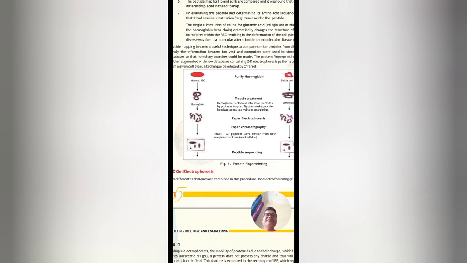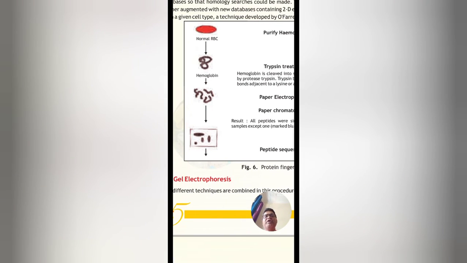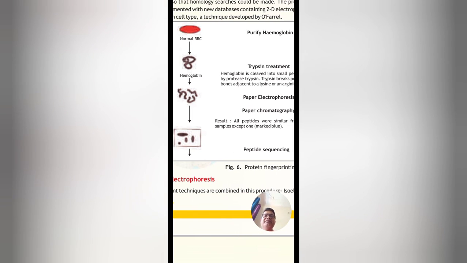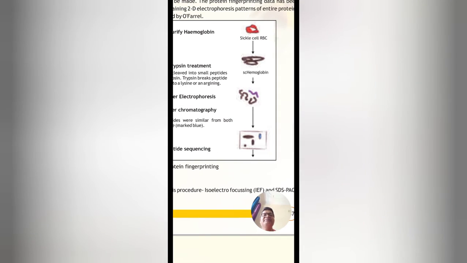Then he proceeded for paper electrophoresis, and then further for paper chromatography. After completion of chromatography, he stained with Coomassie brilliant blue. Then he observed the different protein spots in the paper chromatogram of the normal sample and the sickle cell sample of hemoglobin.